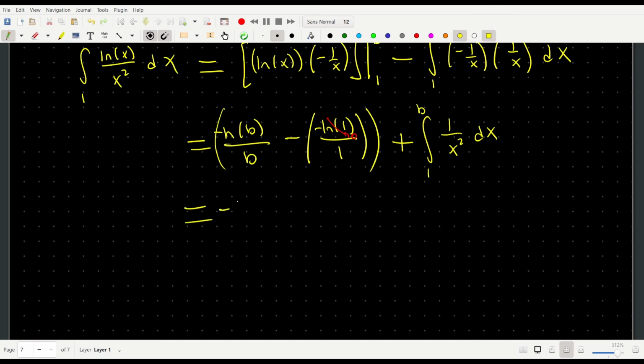This is negative ln of b over b, and the antiderivative of 1 over x squared, again, is going to be negative 1 over x, from 1 to b.